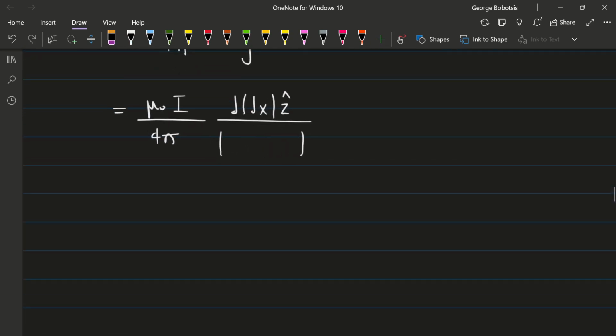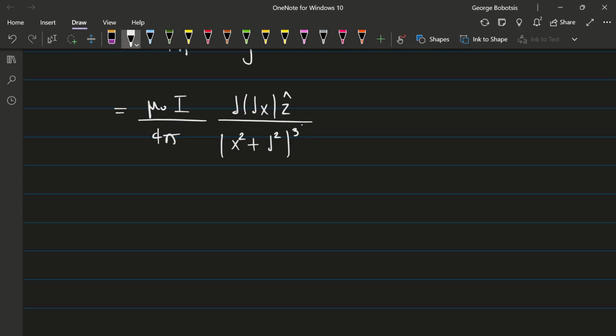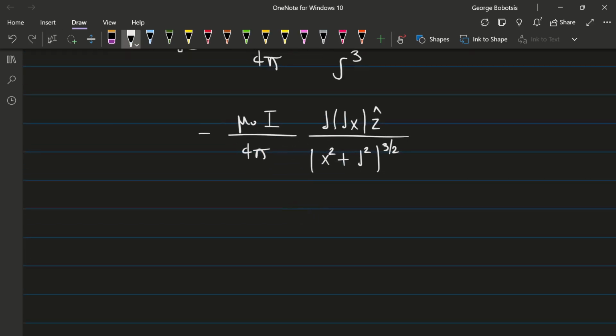So x squared plus d squared to the power of 3 halves instead. Alrighty, that would be your dB. And then at the end of the day, I can actually just integrate to find the magnetic field.